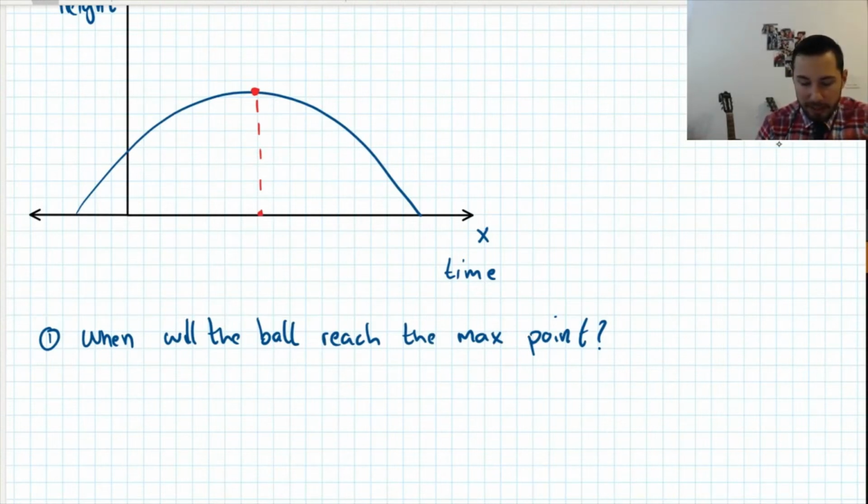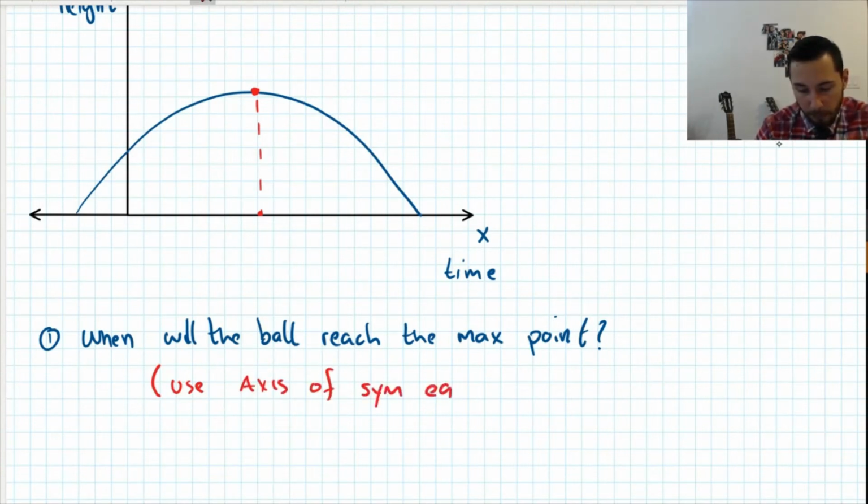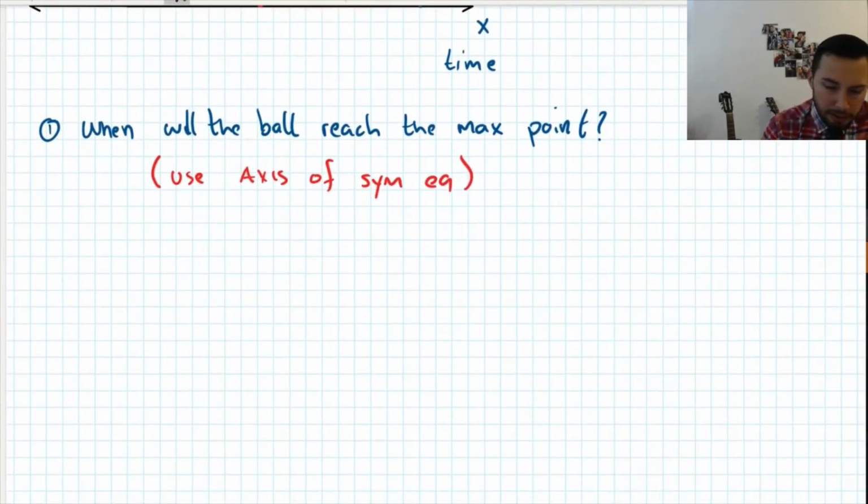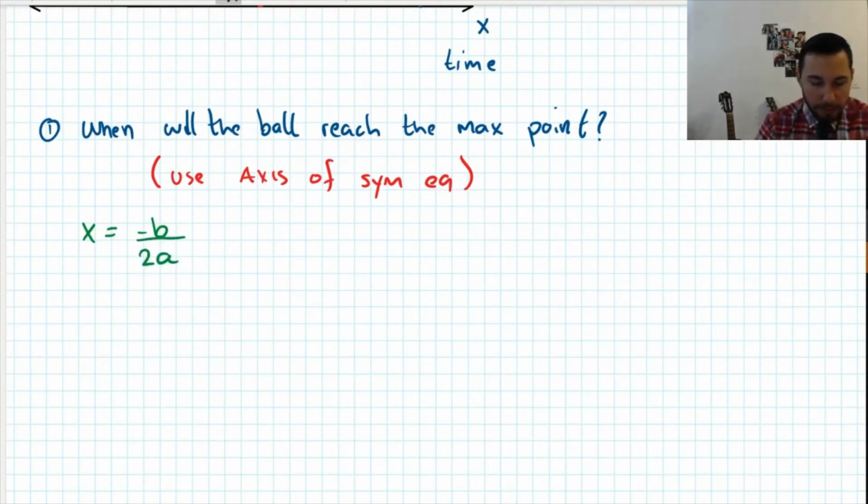So whenever they're asking me when will the ball reach the maximum point, I need to use the axis of symmetry. Right? And the axis of symmetry equation is x is equal to negative b over 2a. And that will give me the x value.